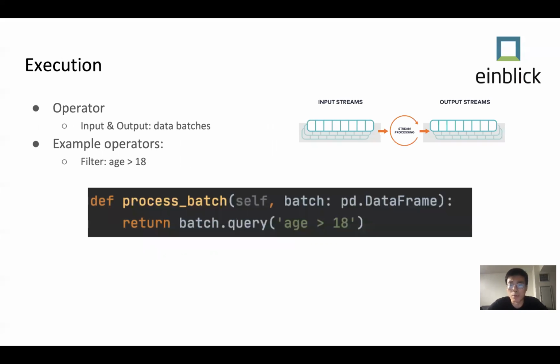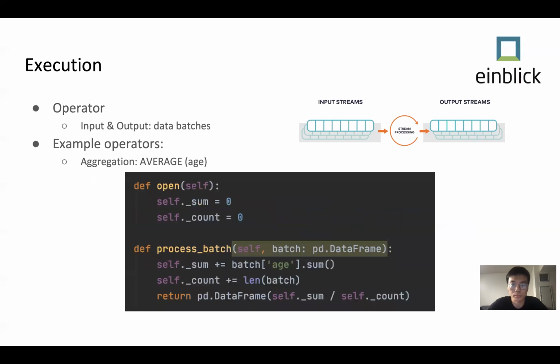Here are some example operators in Davos. As we have discussed, we use stream processing, so the operator takes data batches as input and output. Here we have a filter, and the input is a data frame. We have a filter selecting all the people age over 18, and we just return the filtered data through batch query.